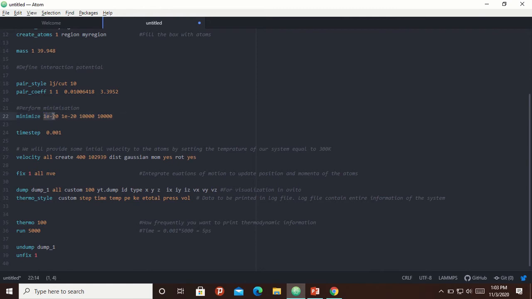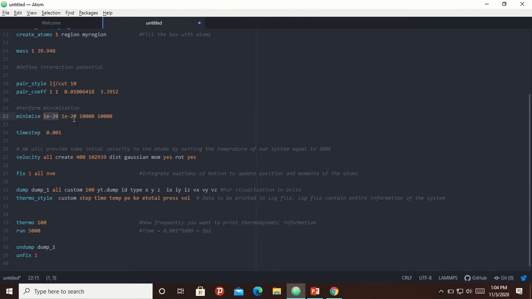So the first value is the tolerance. This is energy tolerance, this is tolerance for force. So what does this mean? When the difference between any two iterations in case of energy or in case of force is equal to this value, then the minimization will stop.